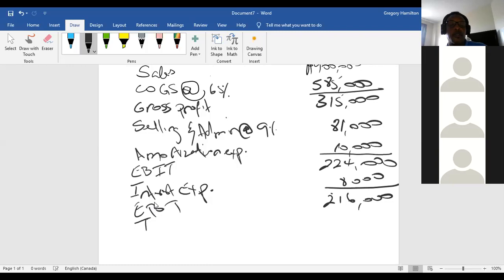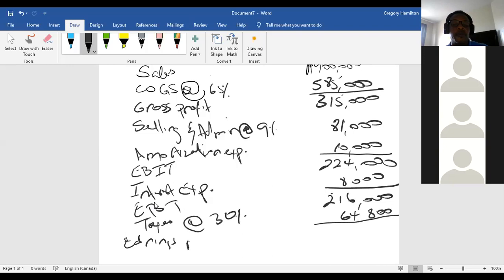Taxes are at 30%, which is 64,800. So after-tax earnings would be 151,200.